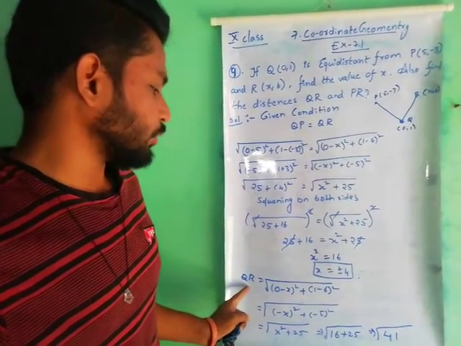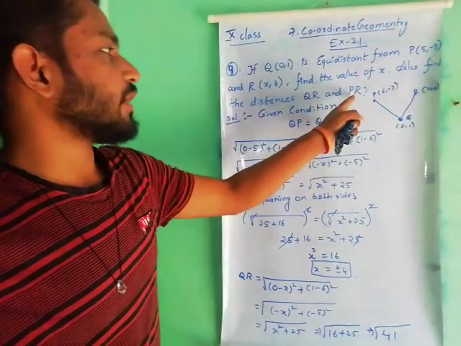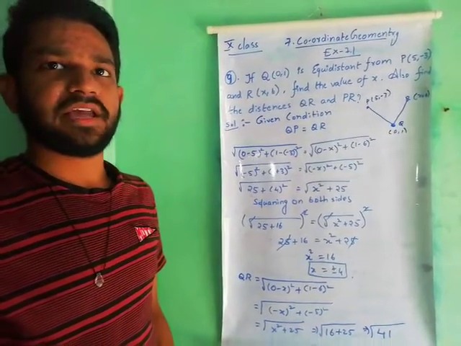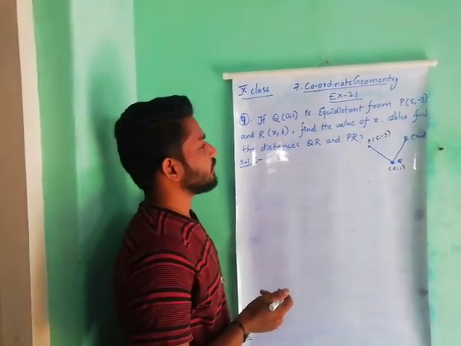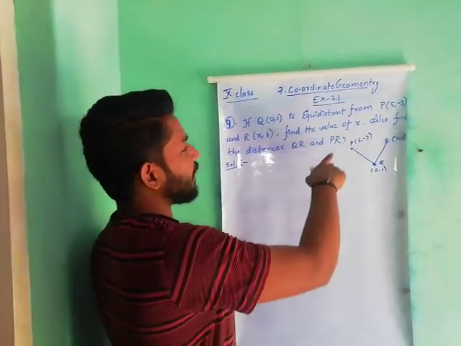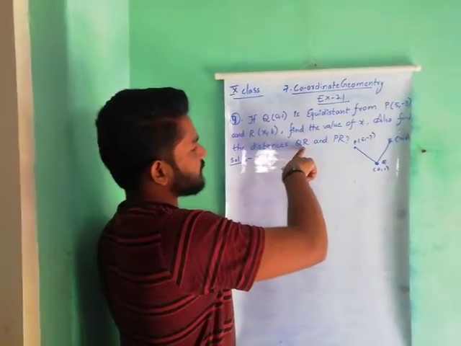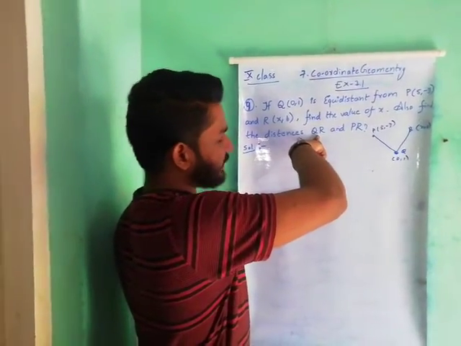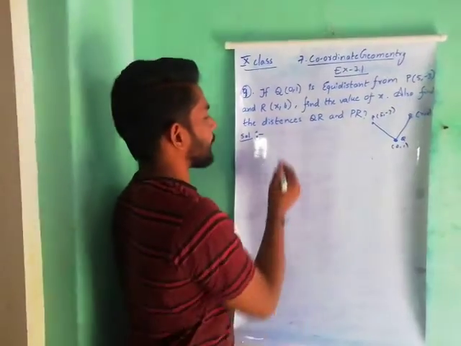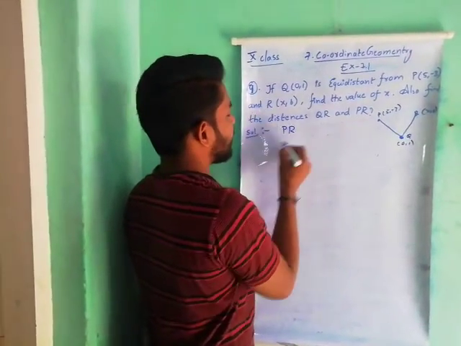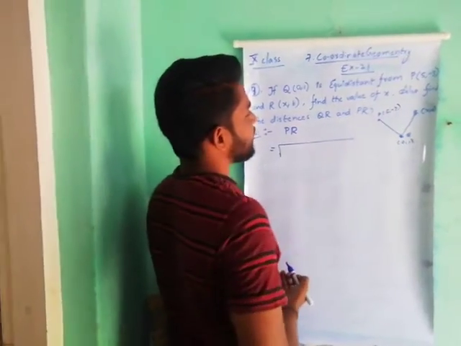Again we have to find the value of PR. First distance QR we found, that is root 41. Now I am finding the distance PR, again using the distance formula.